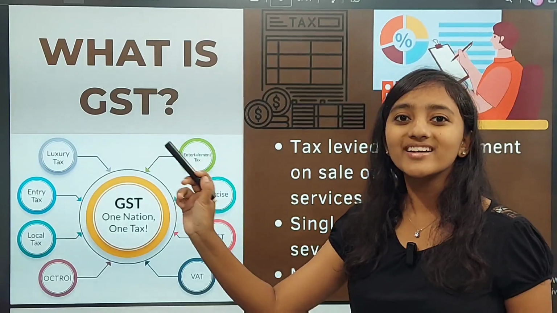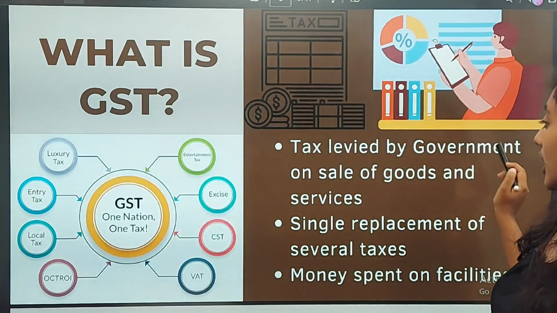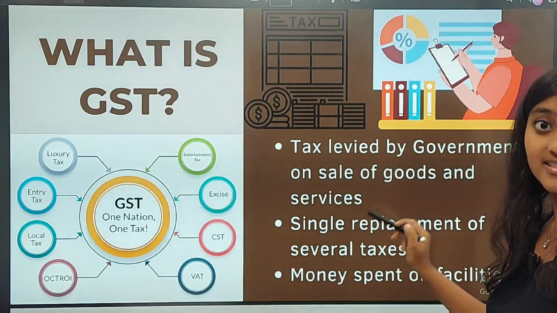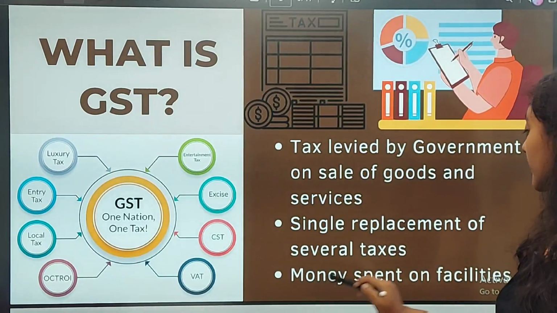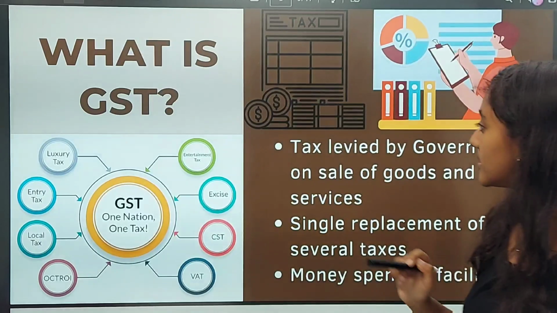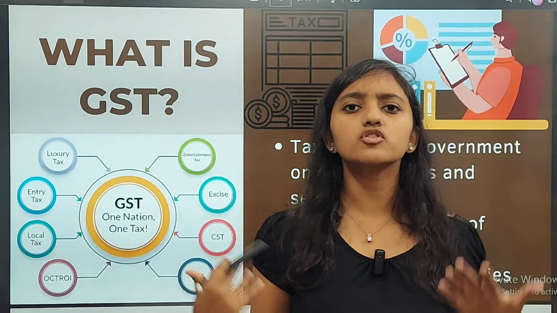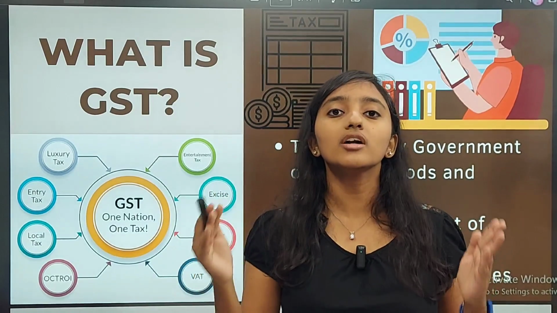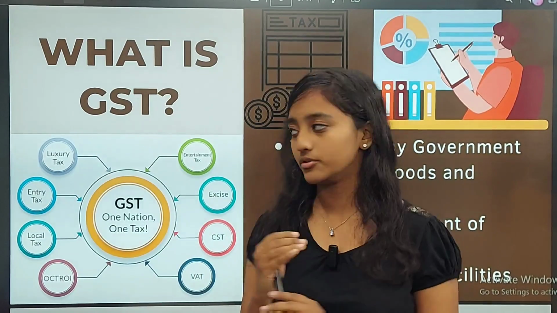What is said is one nation, one tax. So the tax levied by the government on the sale of goods and services is what GST is. It is a single replacement of several taxes and the money is spent on facilities. This is precisely what I have explained so far. This is not something which is going to come as a question, but you need to really understand what exactly GST is. You need to understand what you are studying in this chapter.